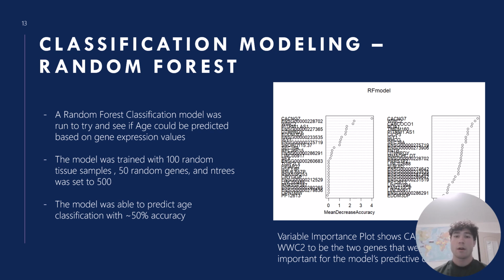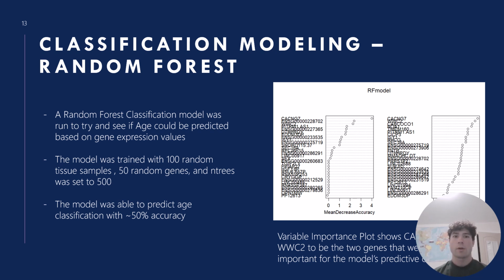Finally, I ran a random forest classification model on the data, trying to predict age based on expression values. Due to our memory restrictions, I had to settle for 100 random samples and 50 random genes with 500 trees. Ideally, I'd like to get those numbers up to get a better representation of the data. The model was able to predict just barely over half the age groups correctly. So, not great.